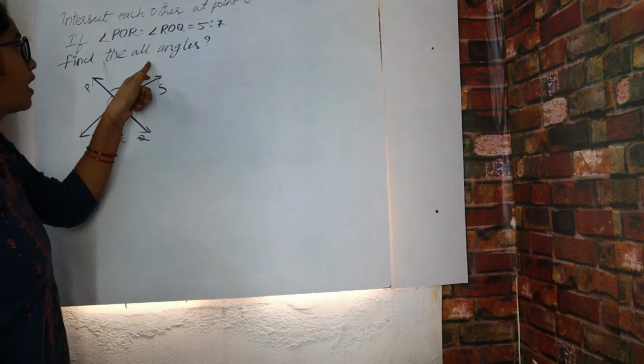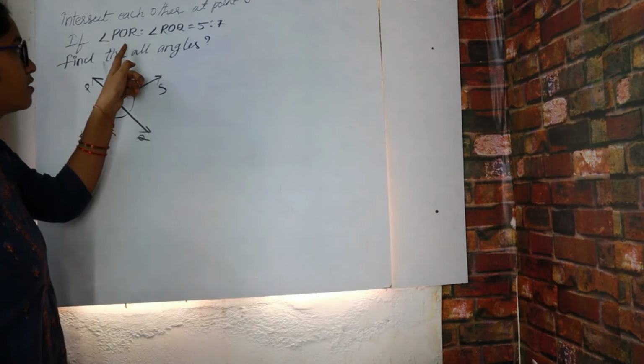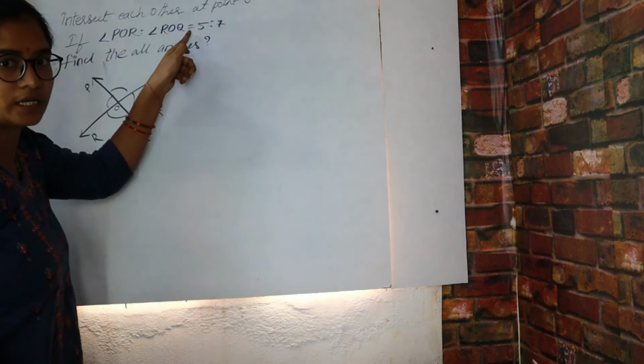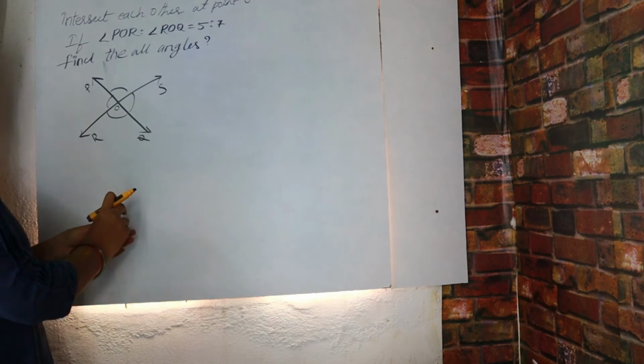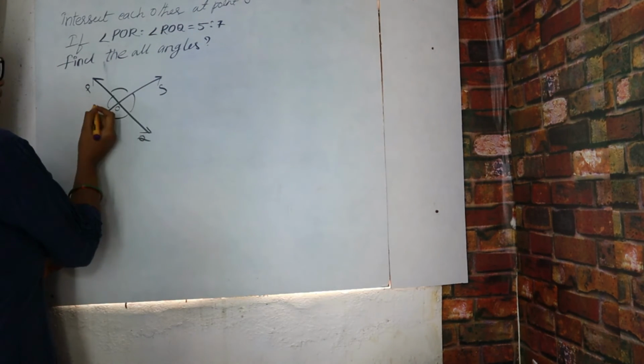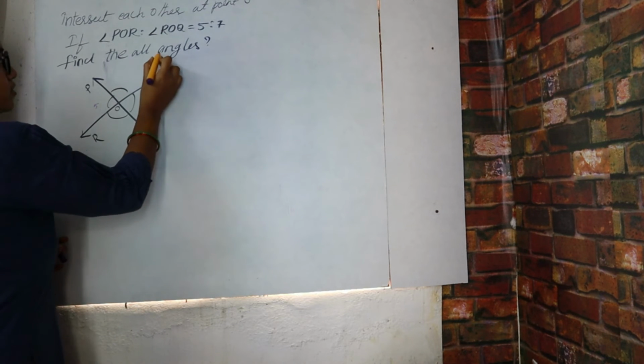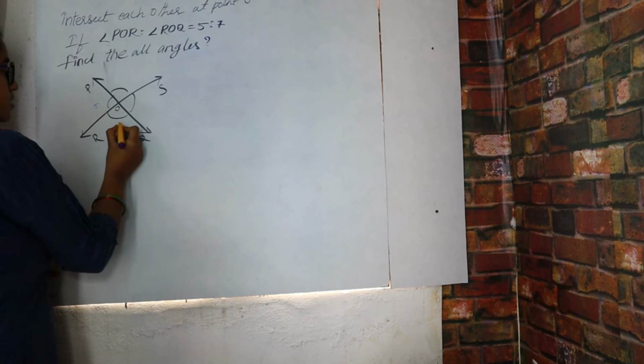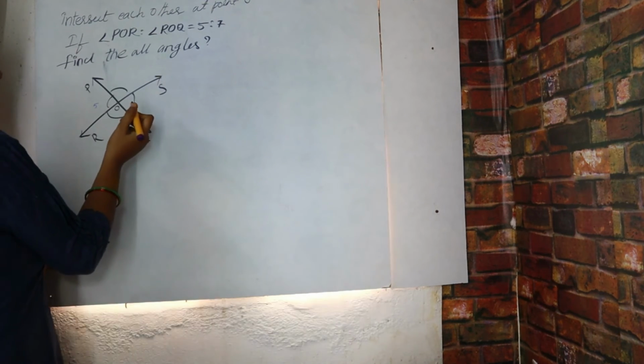Then find all the angles. So what ratio has he given? Angle POR as well as angle ROQ is given. POR is the 5 ratio, and ROQ is the 7 ratio.